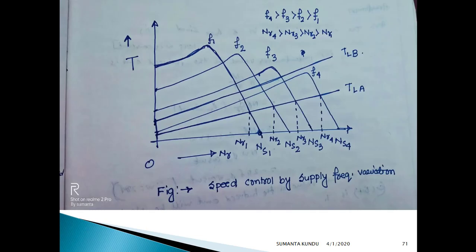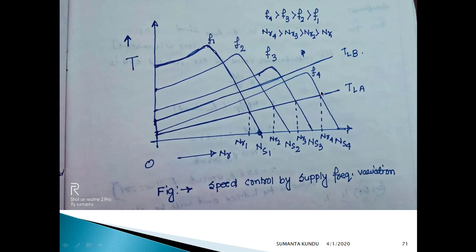Now if we see this diagram, here the frequency has increased from f1 to f4, and a particular fan load TLA has been shown.